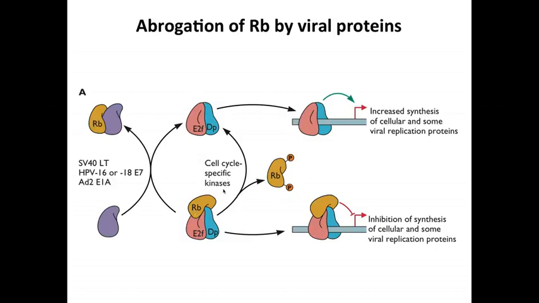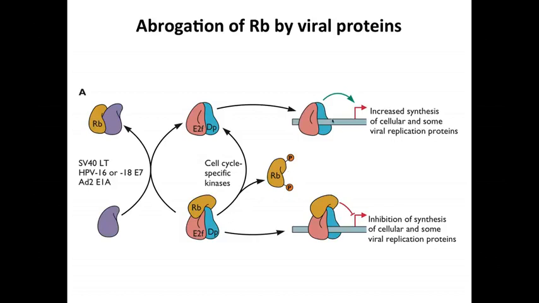These, in turn, are induced by sensors that detect whether conditions are right for cell division. They will phosphorylate RB. When RB is phosphorylated, it pops off of E2F and DP, and then E2F and DP can sit down on DNA and help to produce mRNAs that are then translated into proteins that are needed for DNA replication.